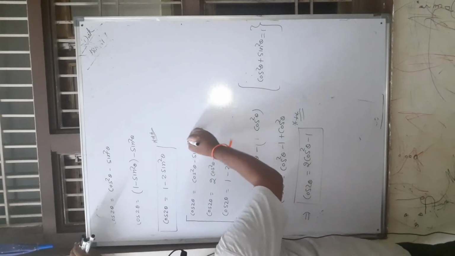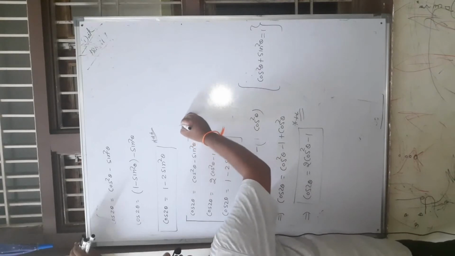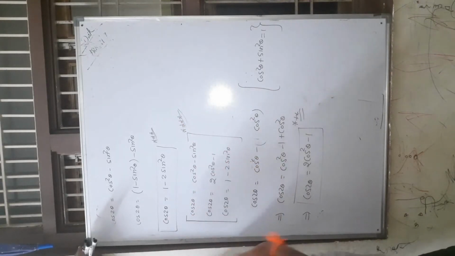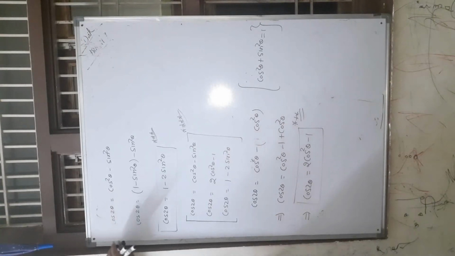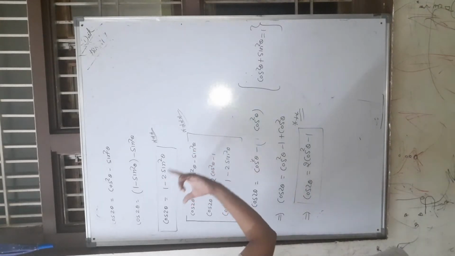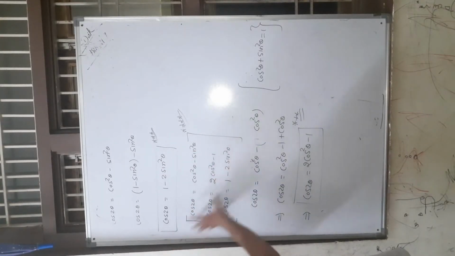So these are formulas for cos 2 theta. Always remember these formulas. These formulas can be used in problems according to the situation given in our question. So note down all these formulas.